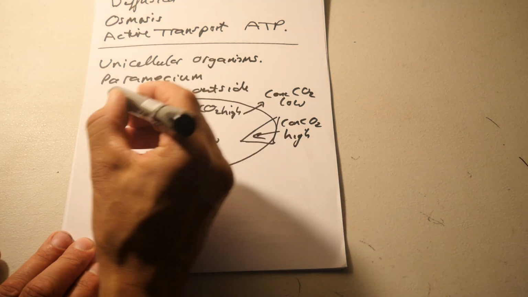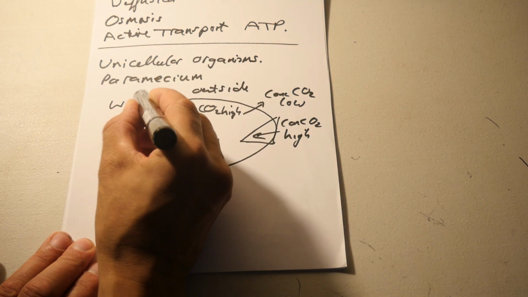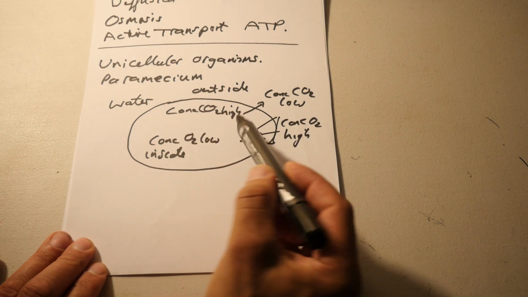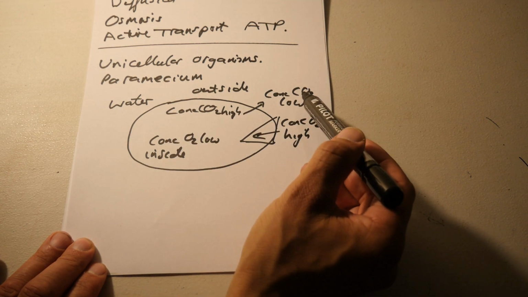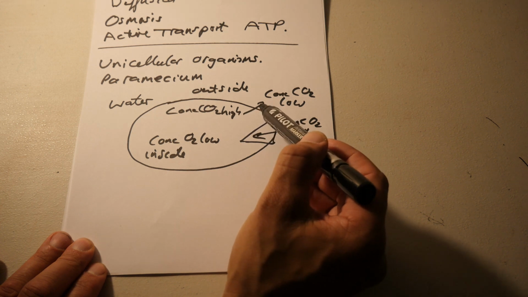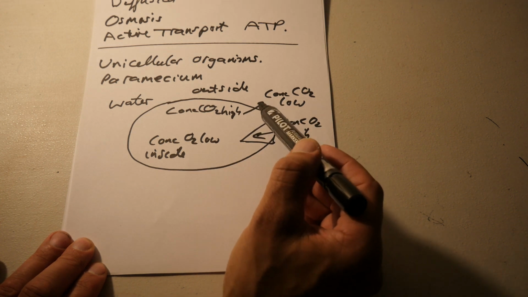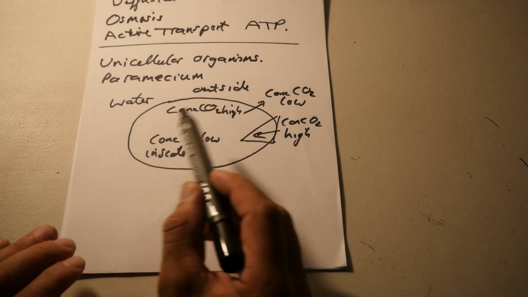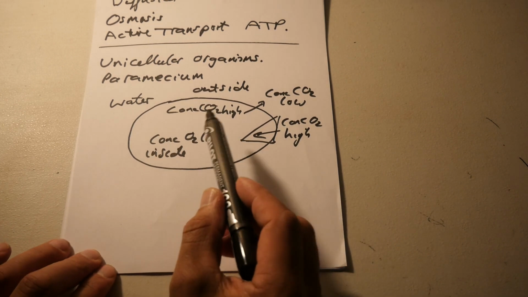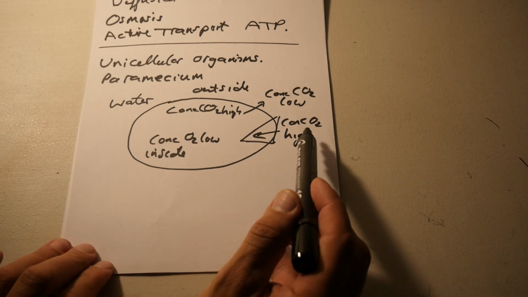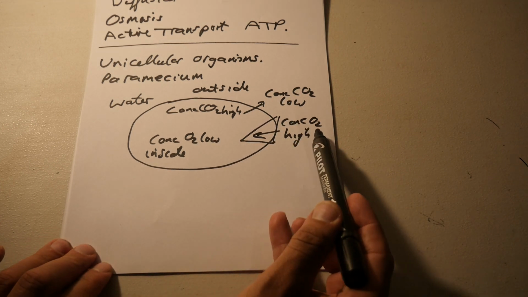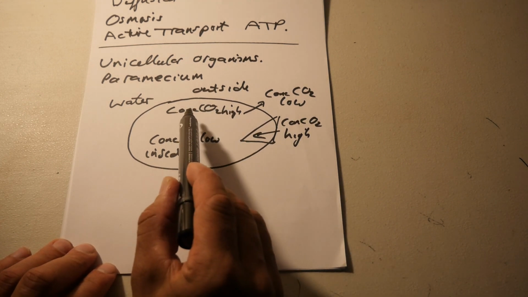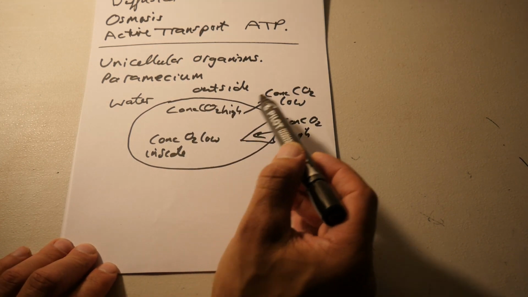Surrounding the cell is water. So, with a high concentration of CO2 inside the cell, CO2 can diffuse out down the concentration gradient to low concentration, because cells respire, they have respiration going on inside them. In respiration they use oxygen, which is why they take oxygen in, but they let off CO2, which is why you get high concentrations of CO2 inside, which then diffuses outside.